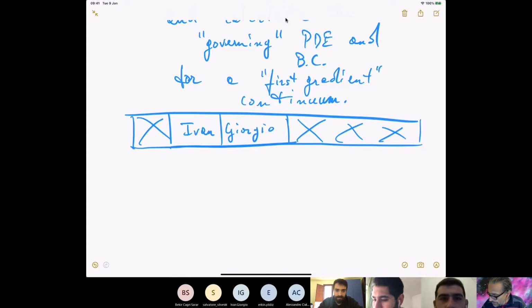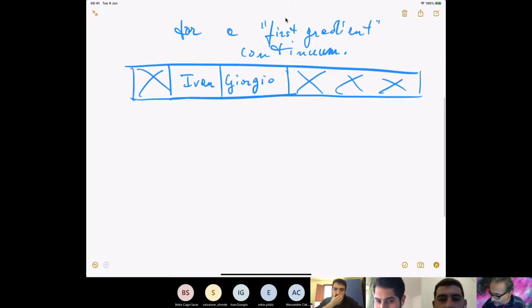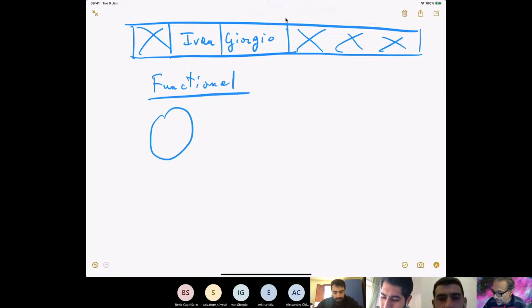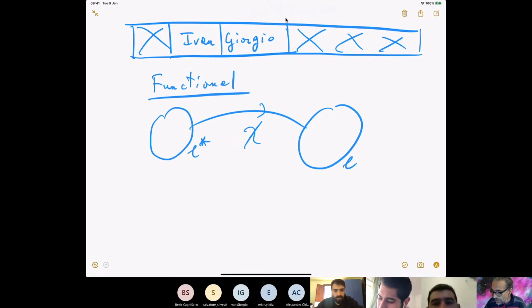Okay, so we have a functional. We already introduced this idea in the last lectures. You have a function which gives you the placement of the body.